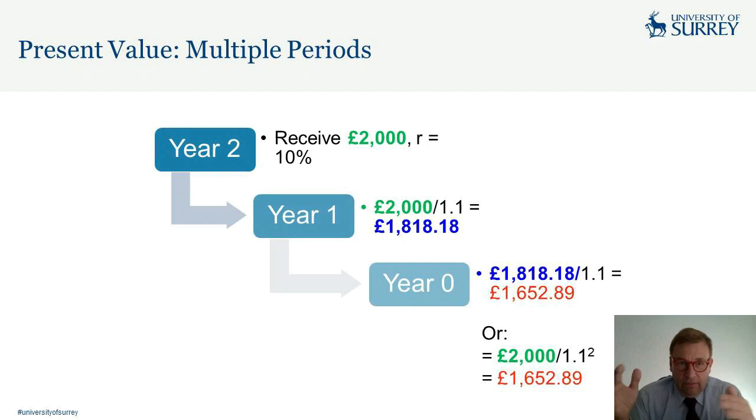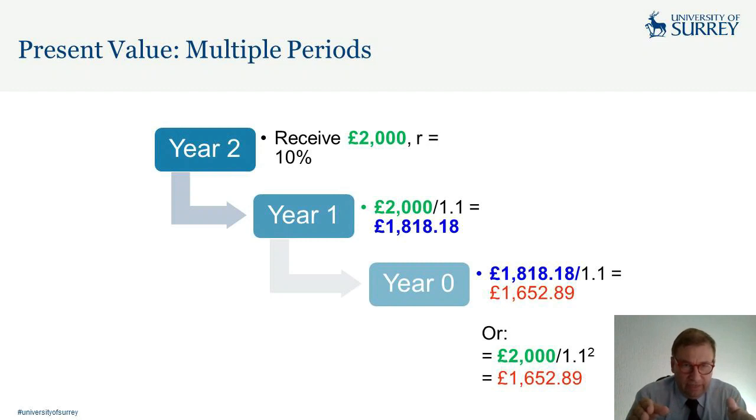Brilliant. But this is still year 1. We have to discount it by a further year to year 0, means to today. So we take the new figure, already discounted by 1 year, from year 2 to year 1, means 1,818.18, and we divide it again by the same factor, 1.1. So we arrive at the figure of 1,652.89.